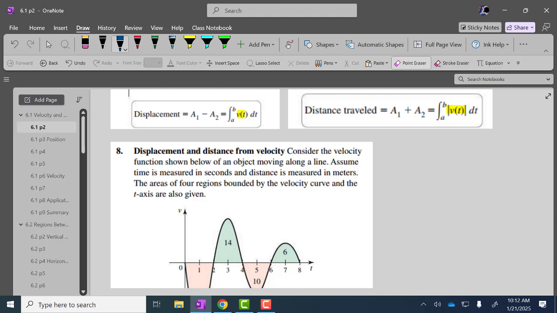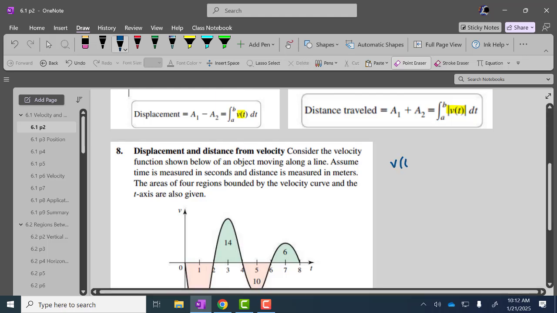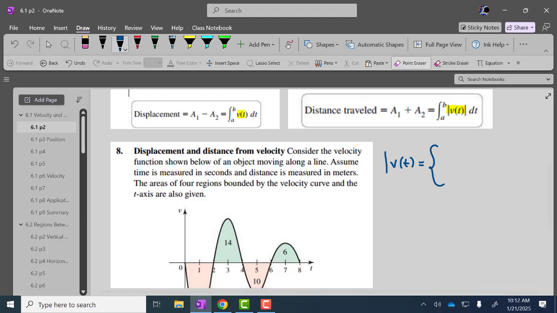What you have to do is go back to the definition of what an absolute value function is. The absolute value of v of t is either v of t or negative v of t, depending on whether what's inside is positive or negative.